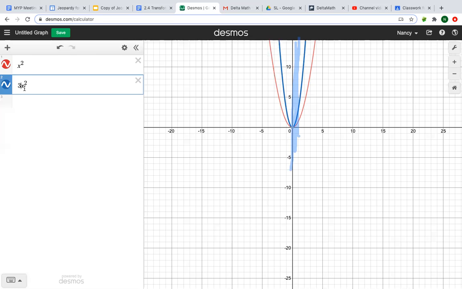So let's say instead that this was 30 and then 300. It begins to get closer and closer together, which seems counterintuitive, but as long as you put the word vertical in front of it, vertical stretch, that's why the two sides are getting closer together. And then on the opposite side, if we make it a fraction, it gets wider.